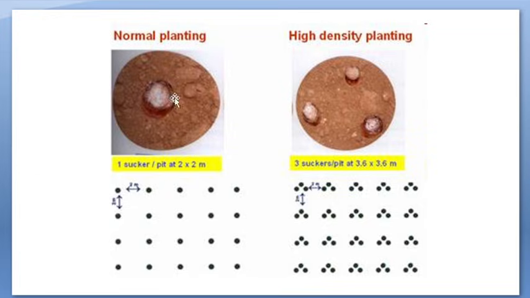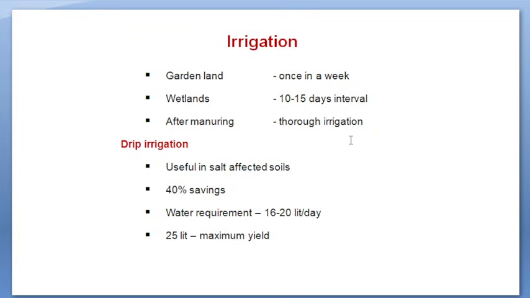You can see how the normal planting will look. Normally 2 by 2 meter will be there, and only one sucker per pit we can plant. High density planting, 3 suckers, spacing is like 3.6 by 3.6 meter, 3 suckers we can accommodate.